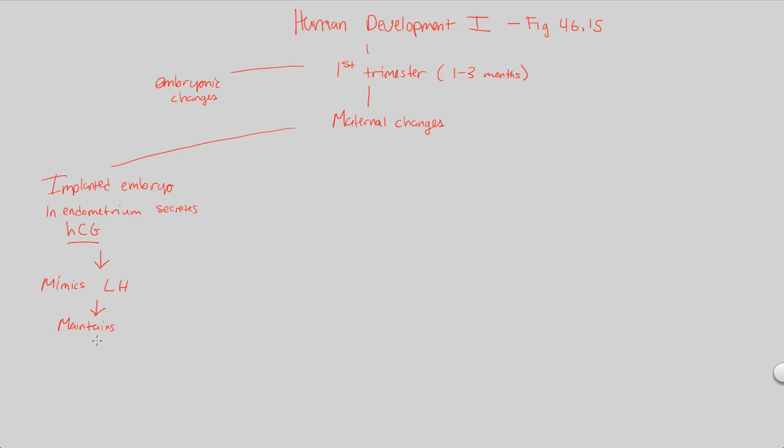But it can only stay if it gets the right messages to stay. And one of the right messages to stay comes from the embryo that's implanted in the endometrium, from HCG. HCG acts as a gonadotropin that mimics LH, goes to the ovaries, causes LH to be recognized by the ovaries. And what is going to happen at the ovaries? The ovaries are then going to result in a maintenance of the corpus luteum. The corpus luteum will not disintegrate.